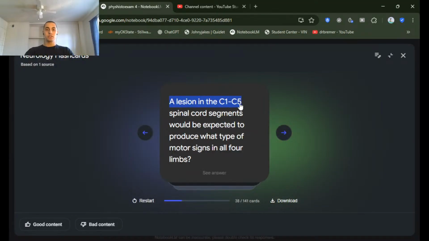A lesion in the C1 to C5 spinal cord segments would be expected to produce what type of motor signs in all 4 limbs? Maybe paresis, or just weakness.